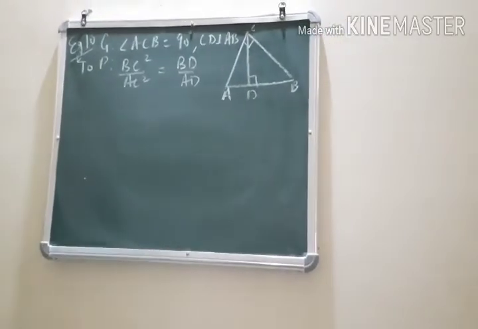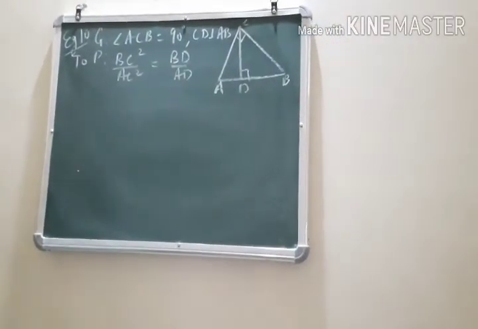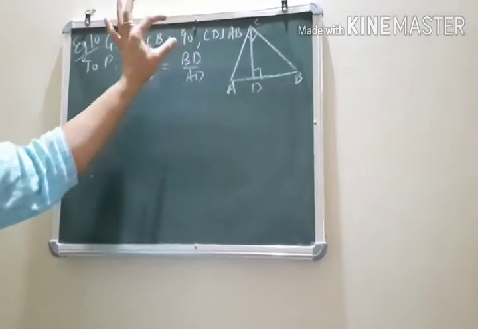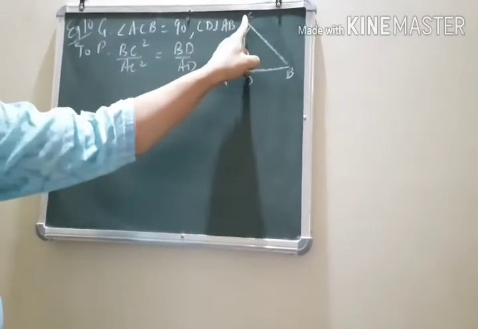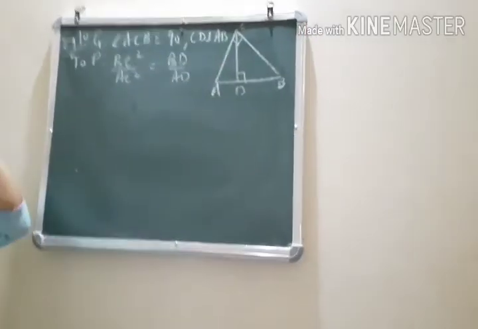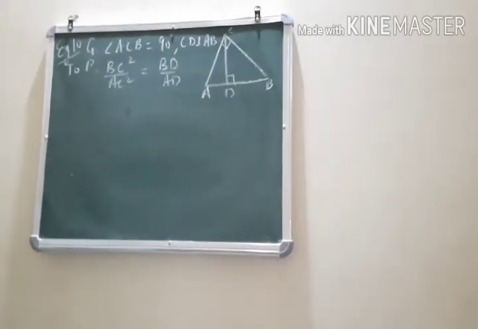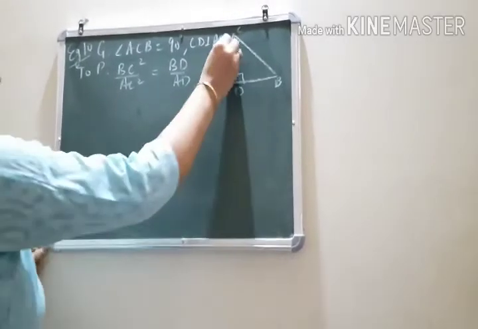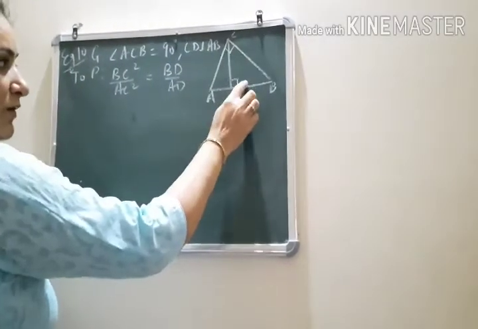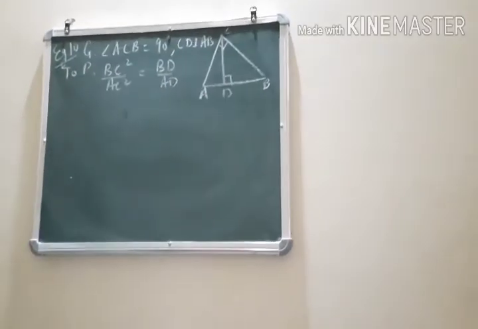Now just see, whenever one angle is given as 90 degrees, and then from this angle where the 90 degree angle is formed, a perpendicular is drawn, this concept we have used in the proof of Pythagoras theorem. Whenever this is so, you can prove that one small triangle and one big triangle are similar.